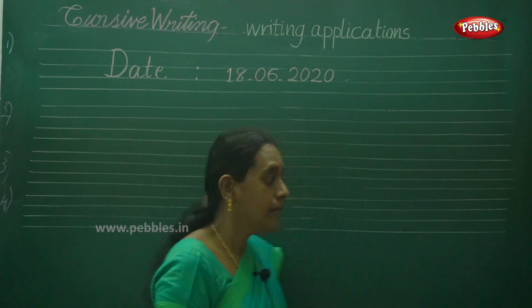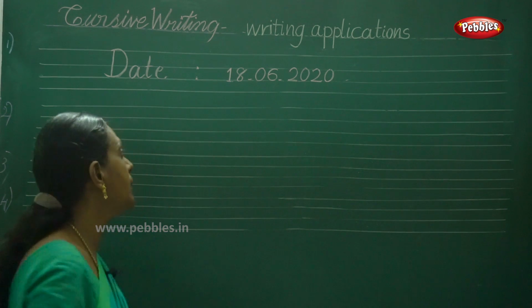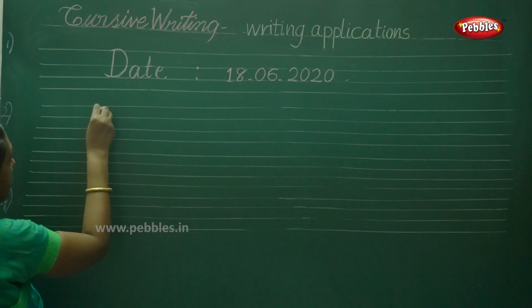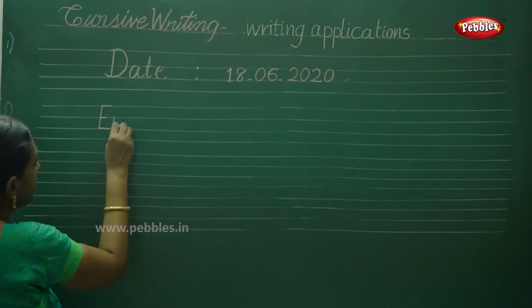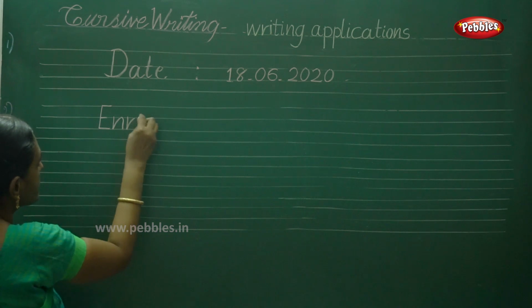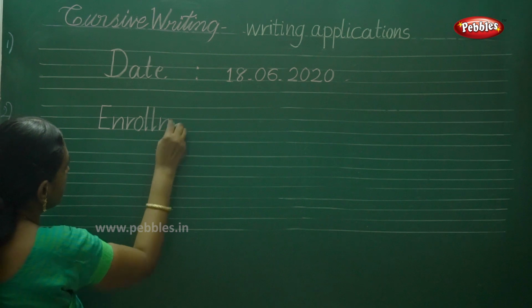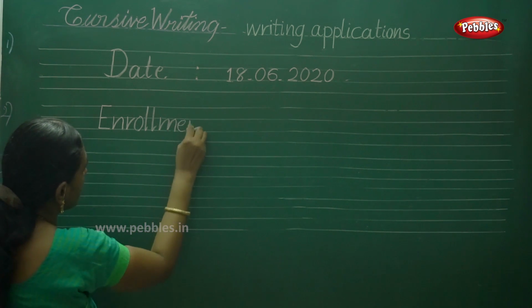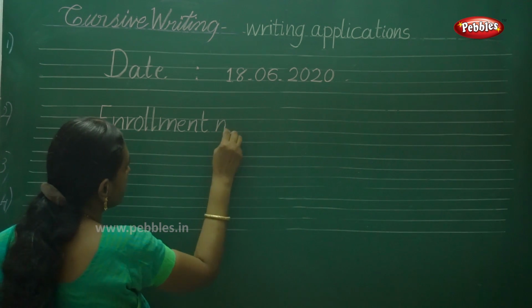Okay, date. Next one is the enrollment number. Your class, your number. This is also in the printed format in your examination paper. That is the enrollment number.